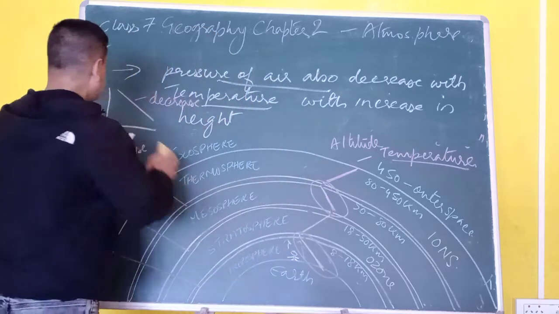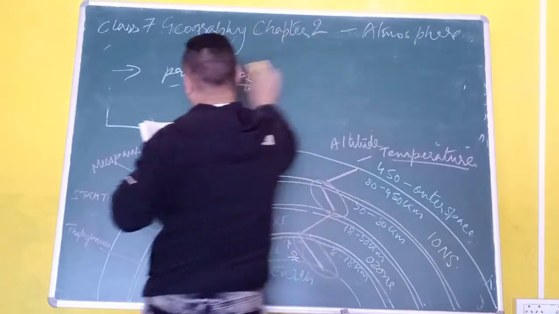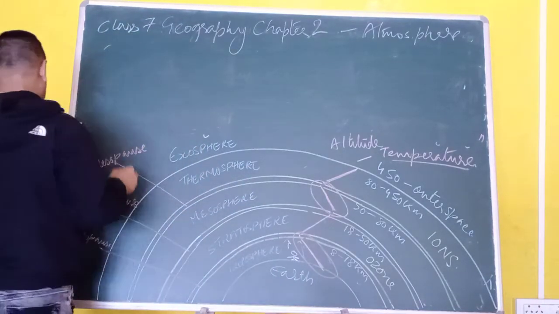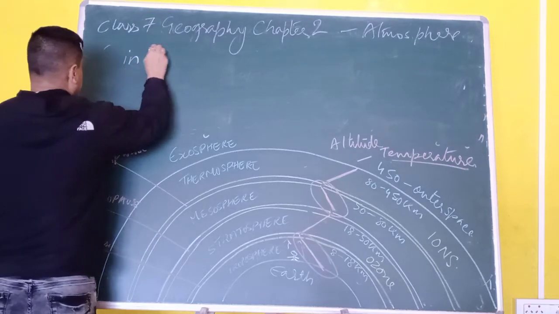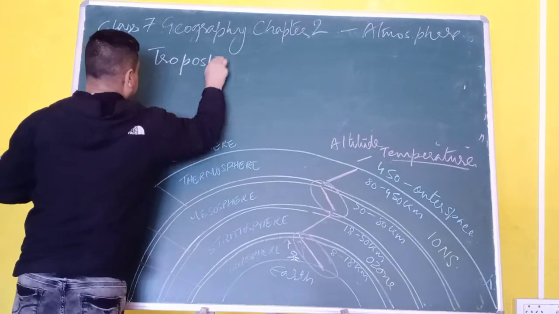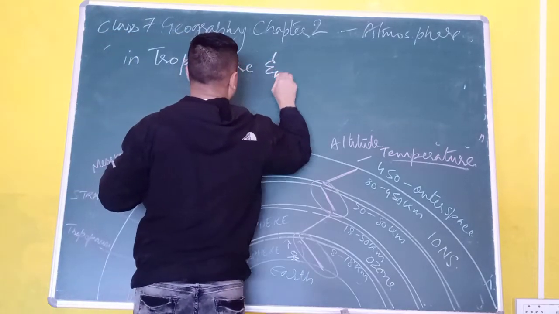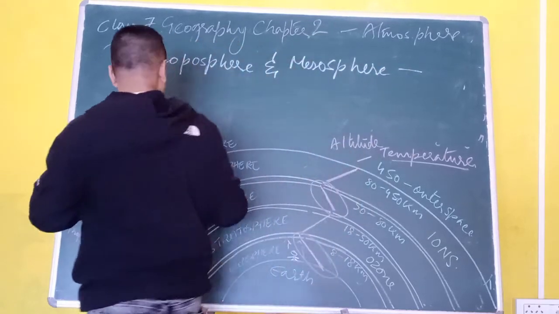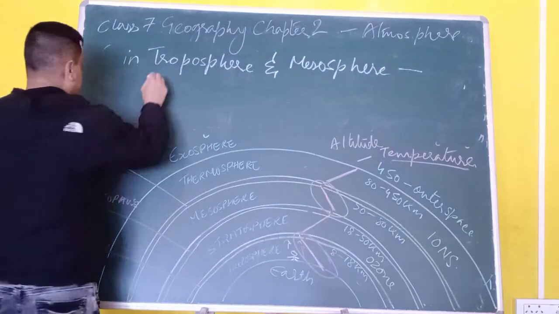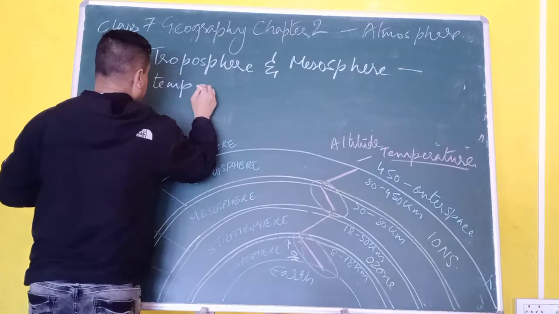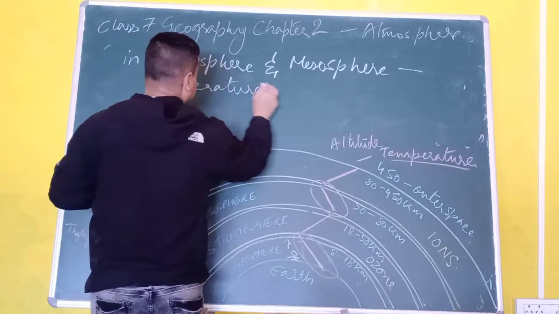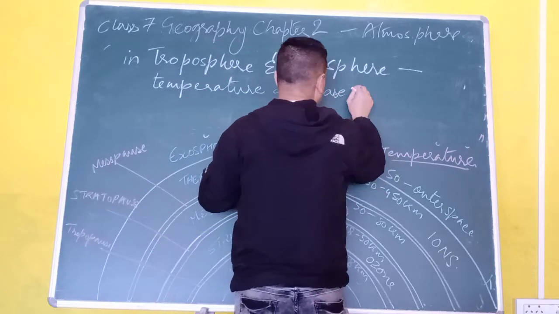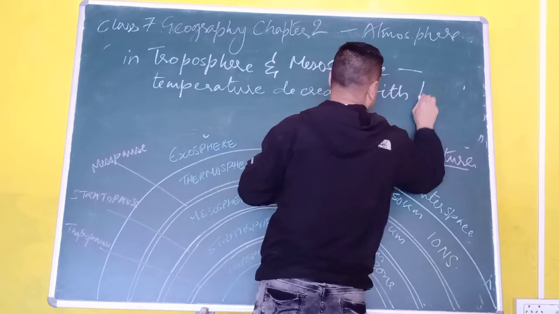So one thing you have to understand is, in the troposphere and mesosphere, when you are going away from the earth, temperature decreases with height.